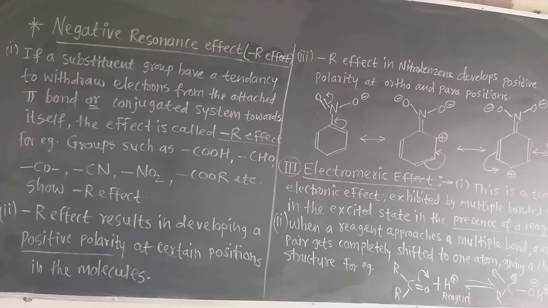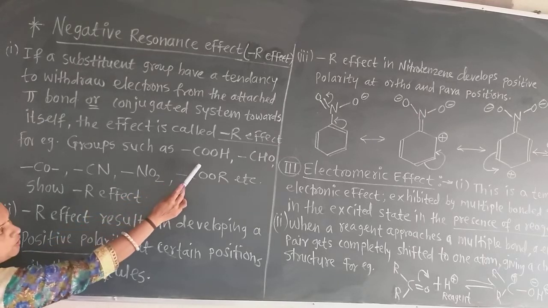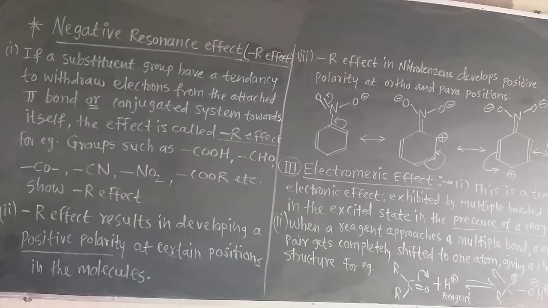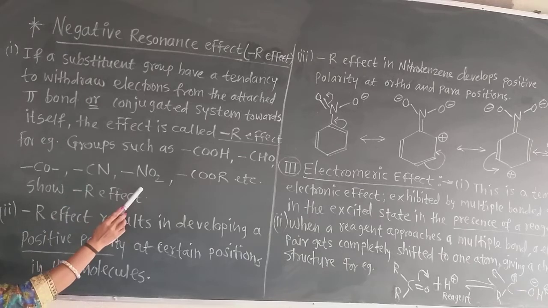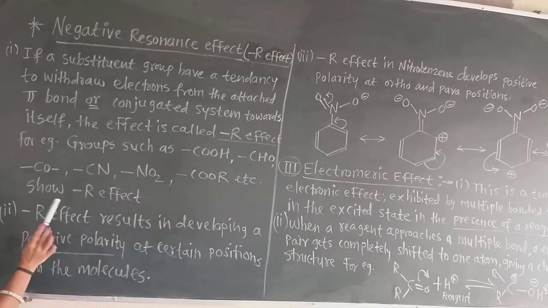Groups such as COOH, the carboxylic group, aldehydic group, ketonic group, cyanide group, nitro group, ester group, etc. show the minus R effect. They have the tendency to withdraw electrons from the conjugated system, due to which the minus R effect results in developing a positive polarity at certain positions in the molecule.